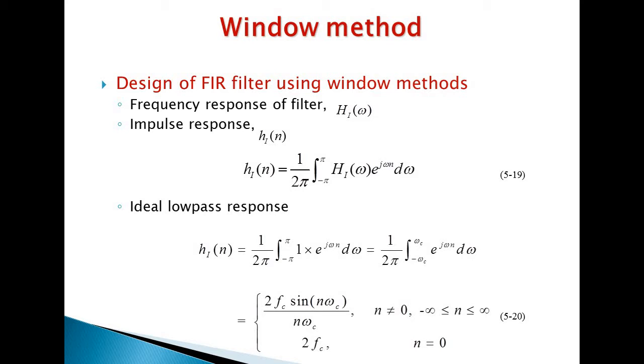So substituting Hd of omega equal to 1 within the frequency range minus omega c to omega c, and solving the integration, we get hd of n equal to 2 fc sin(n omega c) upon n omega c, where n is not equal to 0 and n is from minus infinity to plus infinity, or twice fc where n is equal to 0.